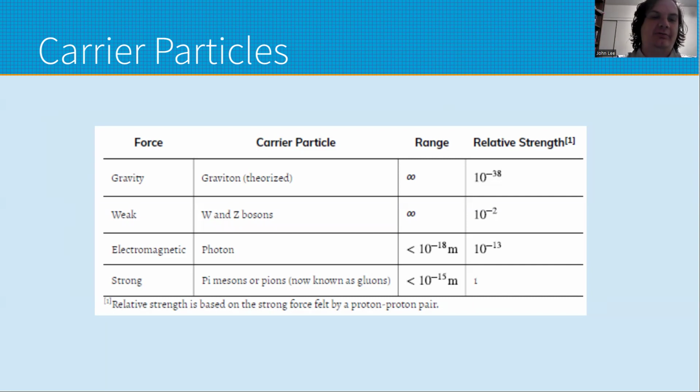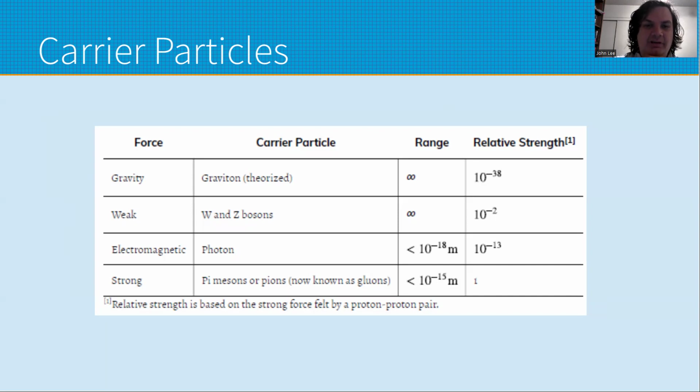The range of the graviton and the photon is infinite, but the range of the W and Z bosons and the gluons is rather small.